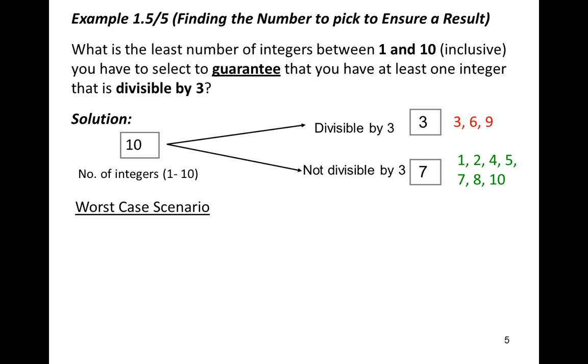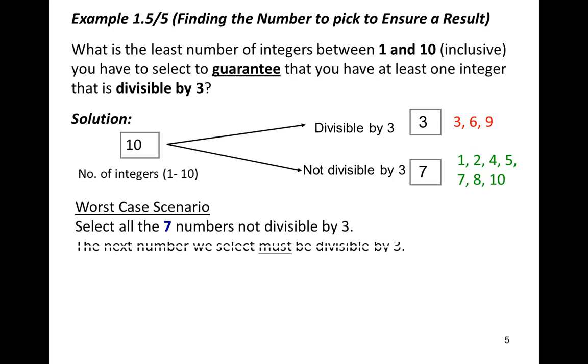So what's the worst case scenario? Our objective here is to get an integer that is divisible by 3. It could possibly be that the first number I picked is already divisible by 3. But that won't be the worst case scenario. The worst case scenario would be to pick all the 7 numbers that are not divisible by 3 first.